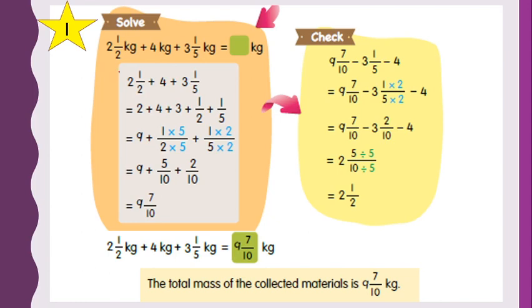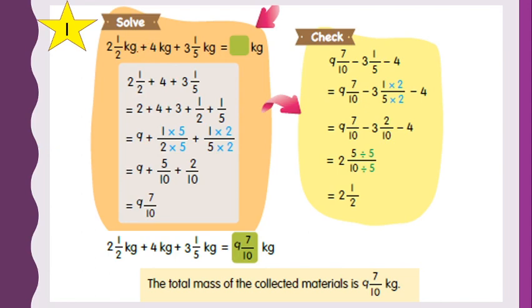Okay, so we want to find the total mass of the material. So 1/2 kilogram plus 4 kilogram plus 1/5 kilogram. Okay, the total mass involves addition.